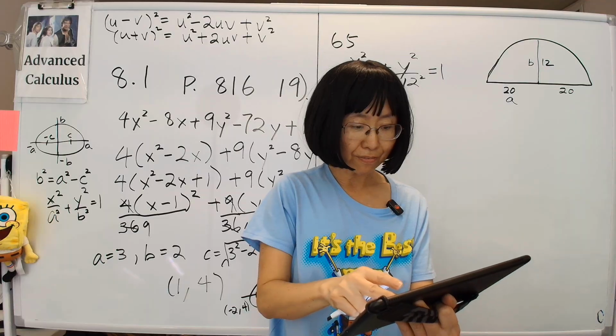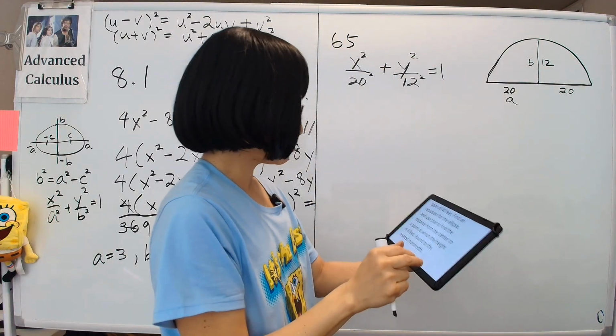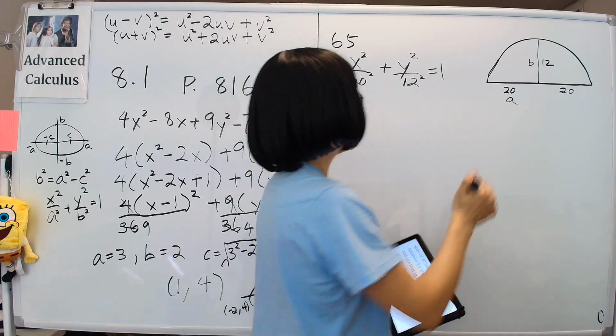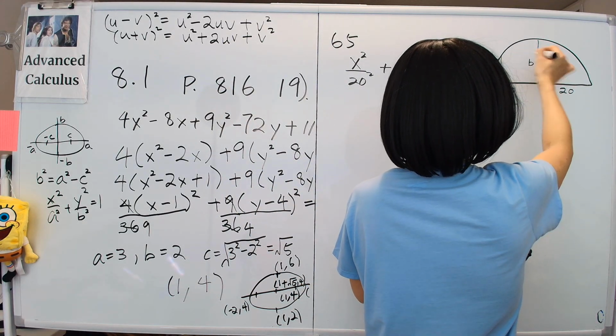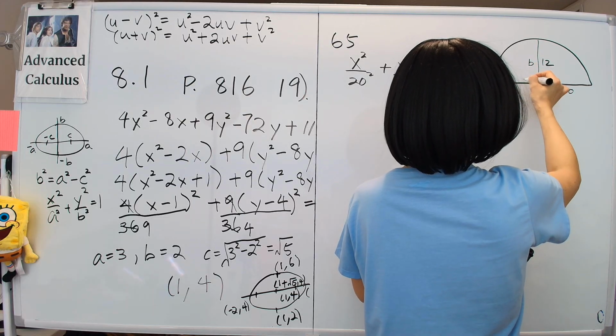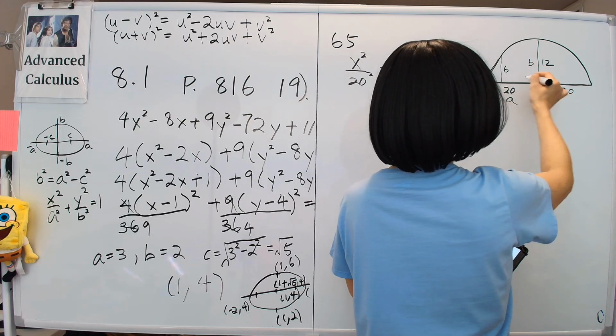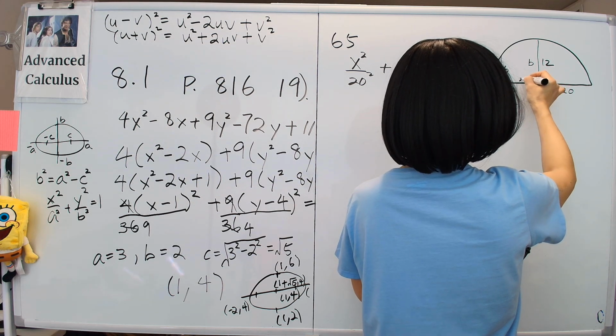Now, use that to find the distance from the center to a point at which the height is 6 feet. So we need something like this, where this is 6. The question is, how far is it to where we hit 6 feet? So this is x, the unknown we're looking for.